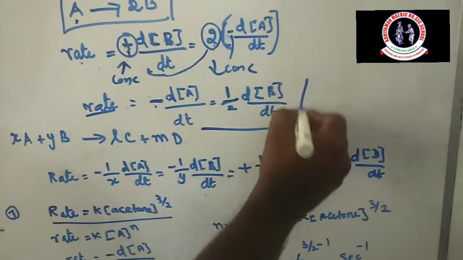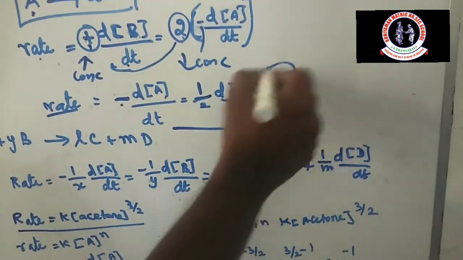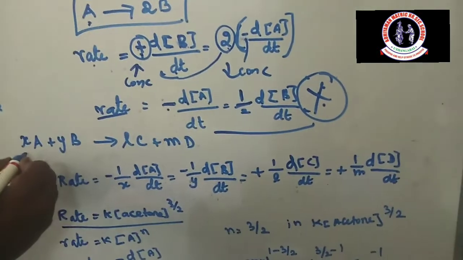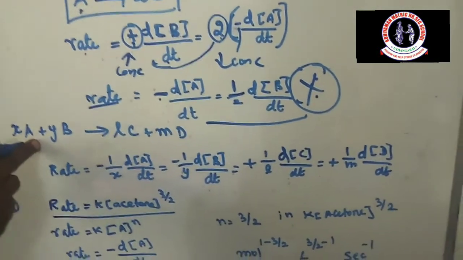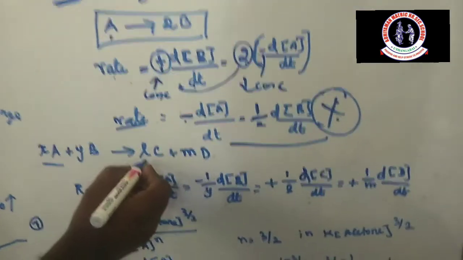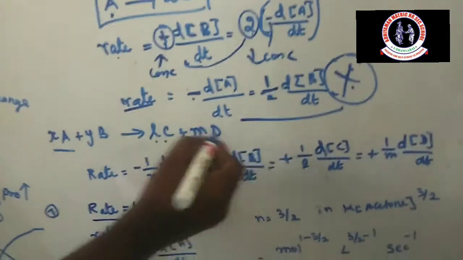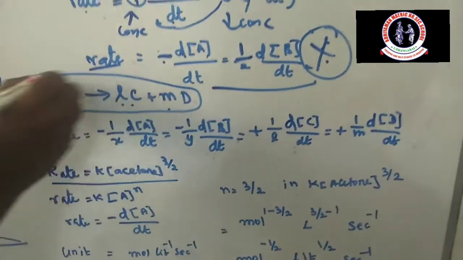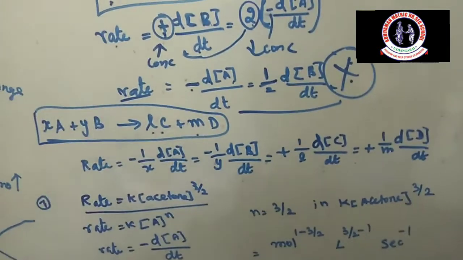Okay, this is important, one mark for the rate determination method. Next one: x moles of A and y moles of B give L moles of C and M moles of D. For this equation, how to write the rate equation?